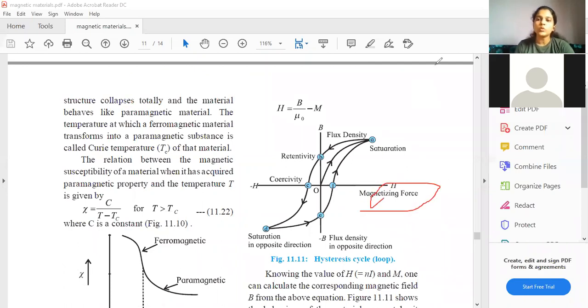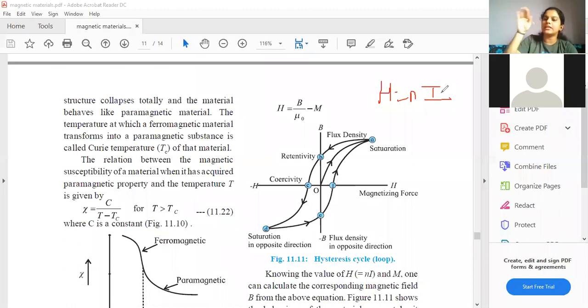Now students, when I say current is increasing or decreasing, what I mean is H is increasing or decreasing respectively, because it is obvious. What is H? H is n into I. Small n is the number of turns of the solenoid and I is the current. If I am increasing the current, I am increasing the value of H. If I am decreasing the current, I am decreasing the value of H. I hope you have understood till now.